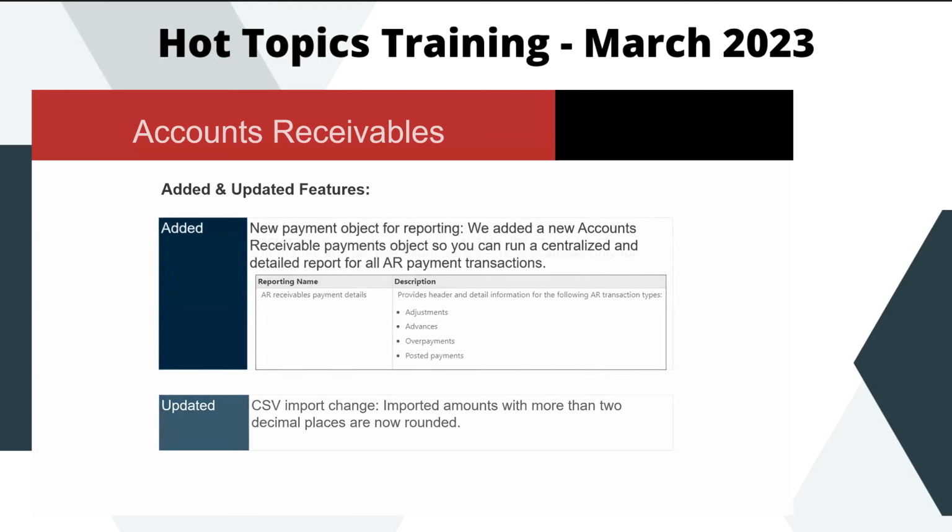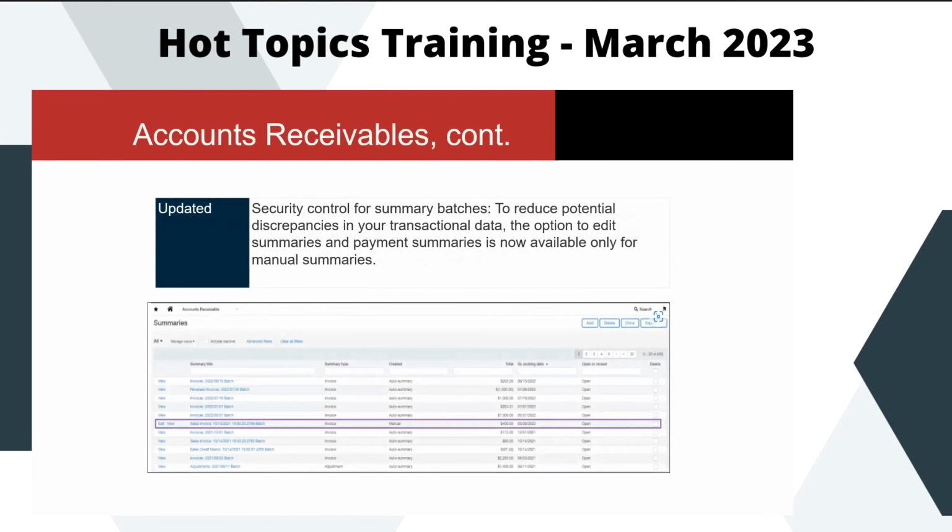Another thing that was updated within the Sage accounts receivable module is the security control for summary batches. To reduce the potential for discrepancies within any transactional data, the option to edit summaries and payment summaries is now only available for manual summaries.